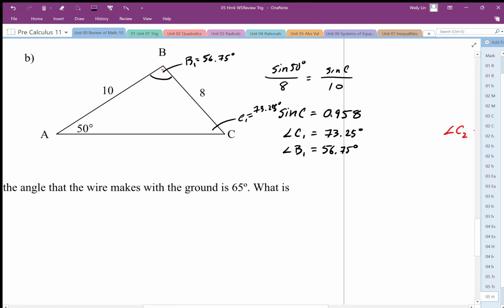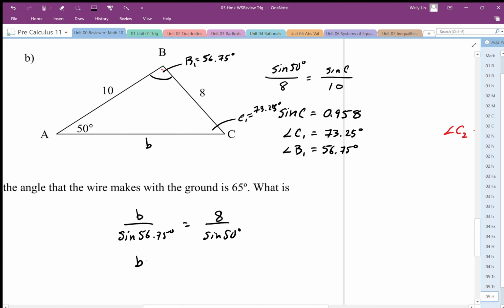I'm going to calculate the opposite side, which I'm going to call B using the sine law. So B over sine of 56.75 degrees is equal to a known pair, so 8 over sine 50. Then putting this in my calculator, 8 times sine of 56.75, divided by sine 50, gives me a side length of 8.733, or I'm going to round that to 8.73.